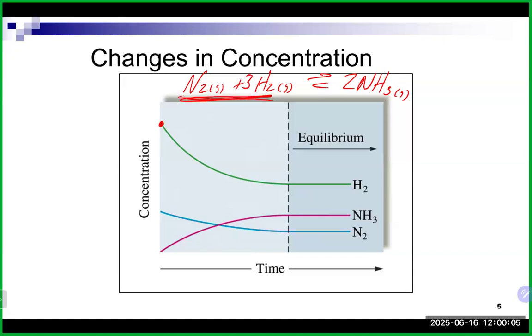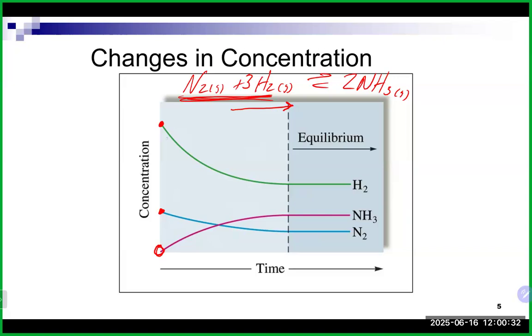We have a good concentration of H2 and a good concentration of N2, which are our reactants. Initially we really have no products. Because we only have reactants at this point, there's really only one option for the initial direction of this reaction. It will go to start to make some products.